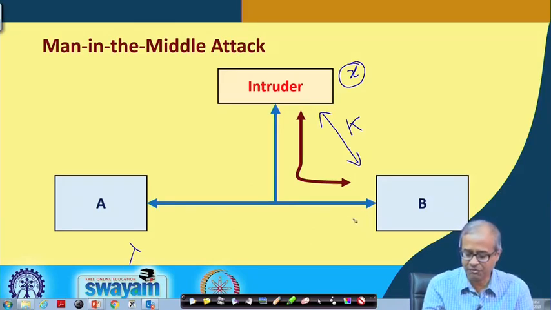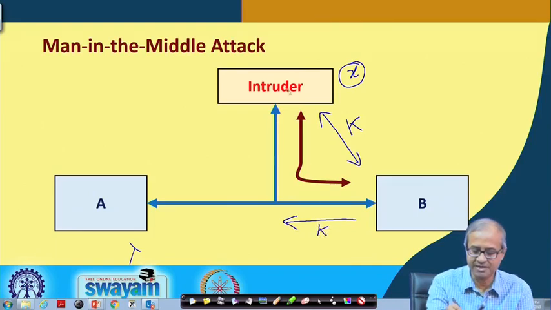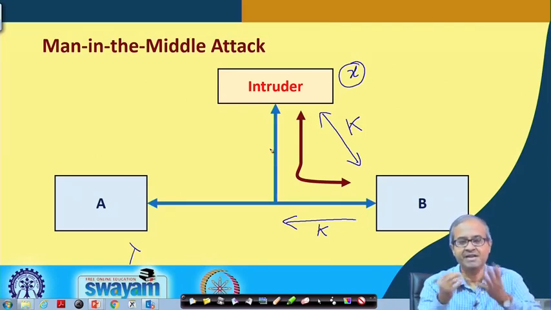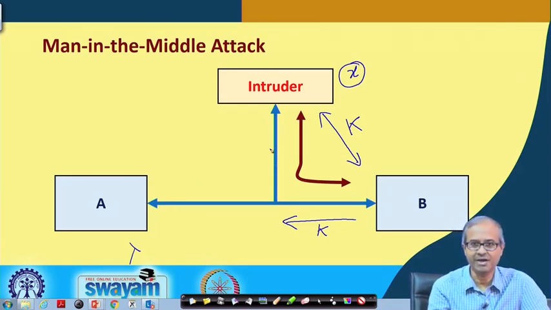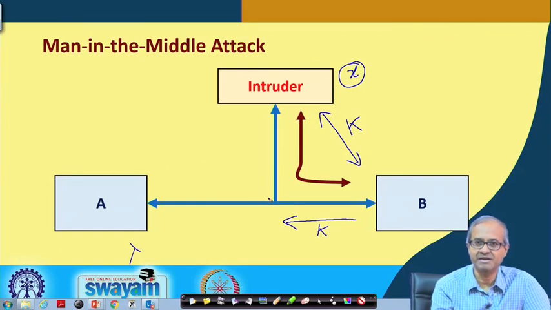So, now B sends a message in an encrypted way using key K, and the intruder can intercept it and decode it back. Some message privacy might get compromised. This is referred to as the man in the middle attack, or intruder in the middle attack.